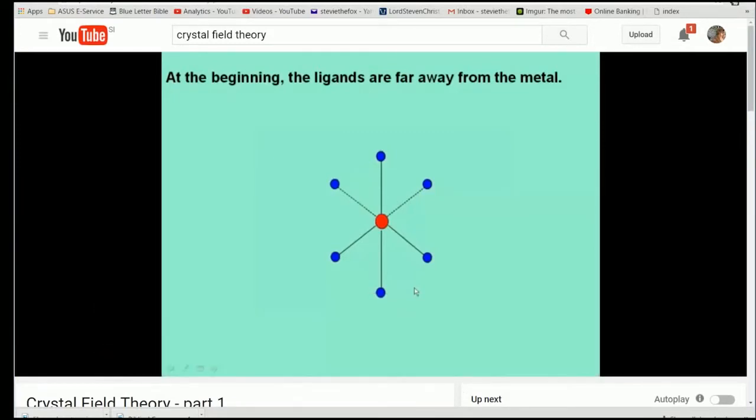It is assumed that the ligands would approach the metal directly along the X, Y, and Z axes.